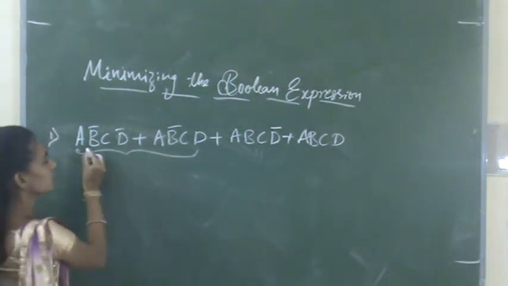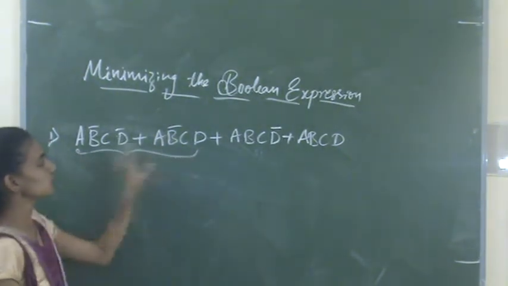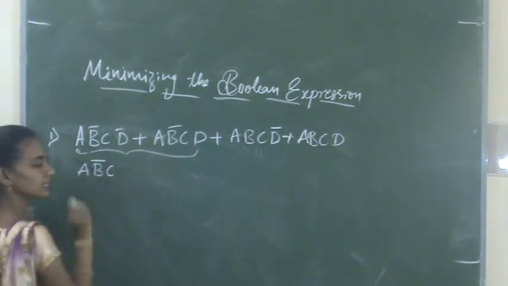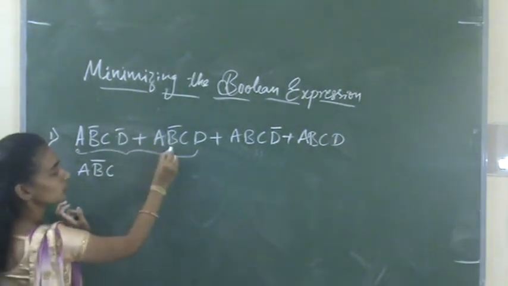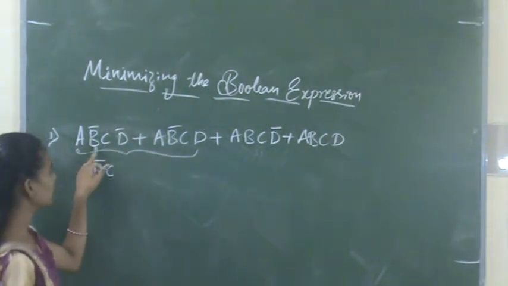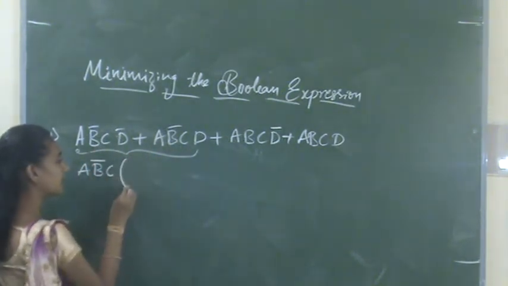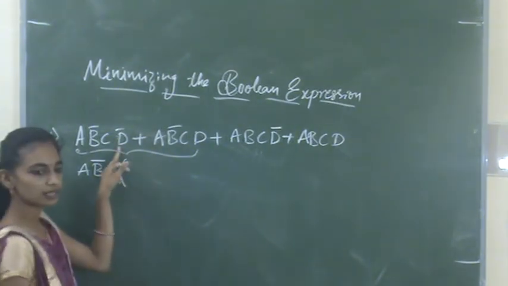Just listen. In these two terms, this is one term, this is one term, right? In these two terms, A B bar C is a common factor. Means both terms have A B bar C, right? If I take A B bar C as common, what is the remaining thing in this term?